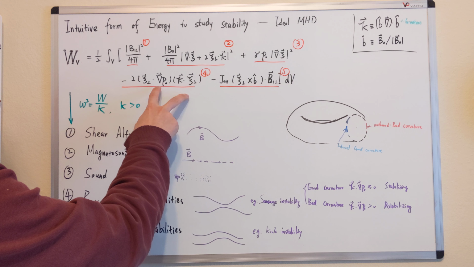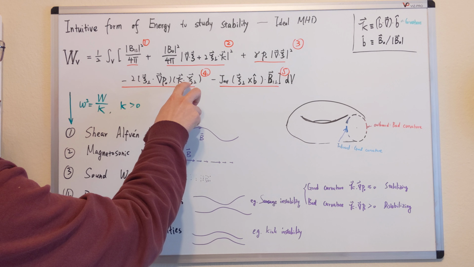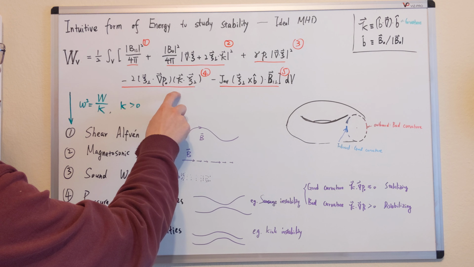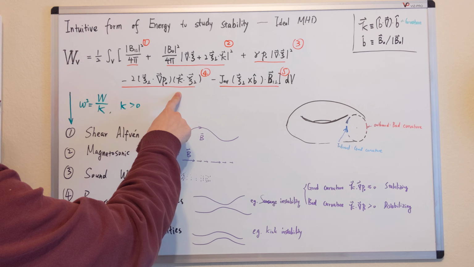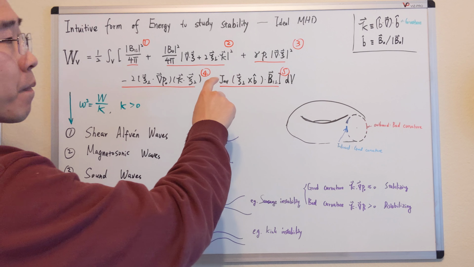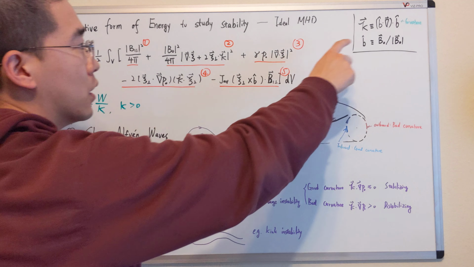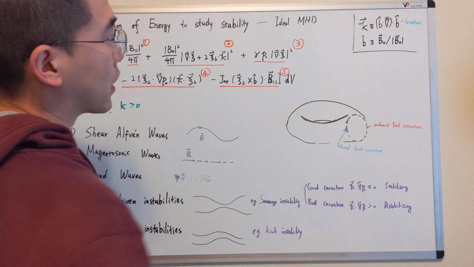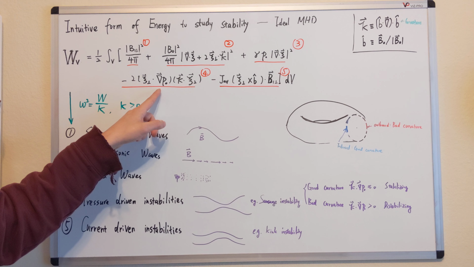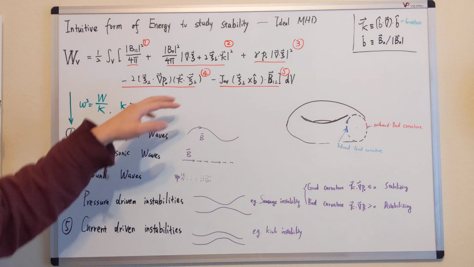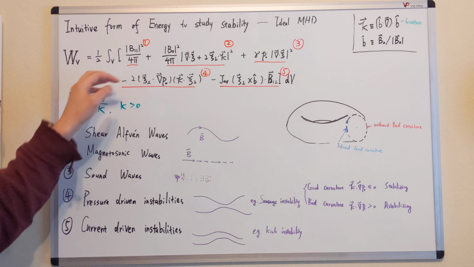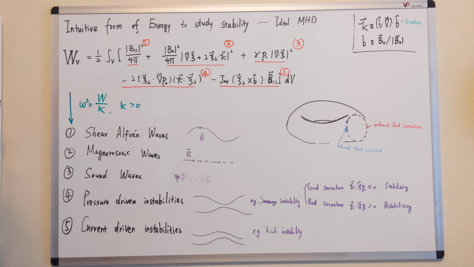If you look at it, kappa is the magnetic curvature. If grad P dot kappa is positive, then this whole term is negative, then it becomes destabilizing.